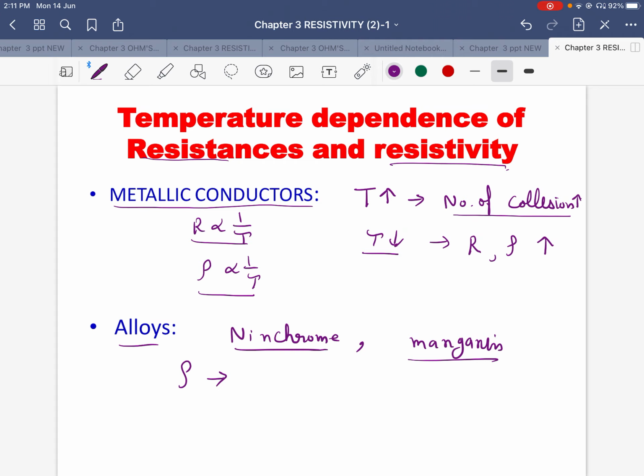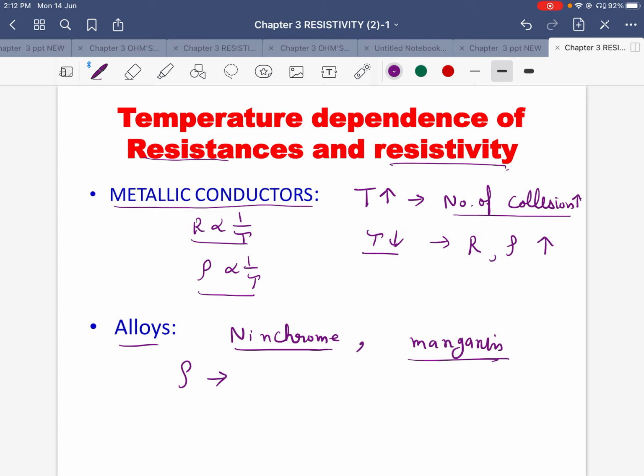That is why standard resistance coils are made up of alloys like nichrome wire, because when we use resistance coils in the lab for experiments, with flow of current the temperature increases.